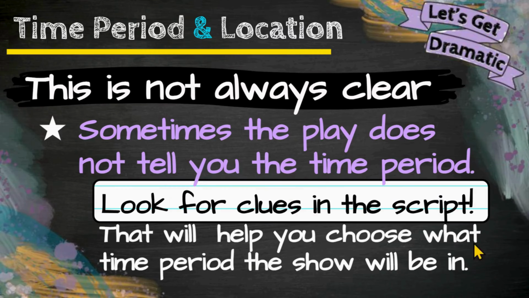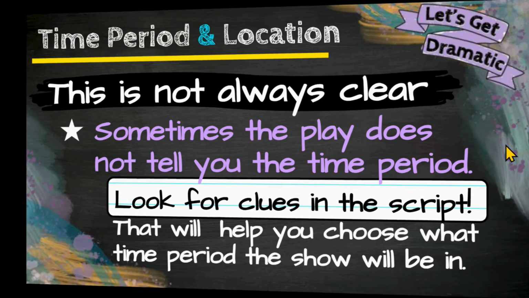You don't always have to have it take place in the time period that is suggested. For example, Elizabethan time period, so Shakespeare time, we could do Romeo and Juliet set in Elizabethan time, but we could also make it happen in a modern day high school. You just need to remember what kind of things would change and what you need to do to make that look and feel time period appropriate.